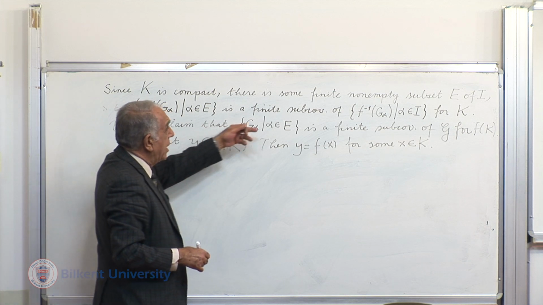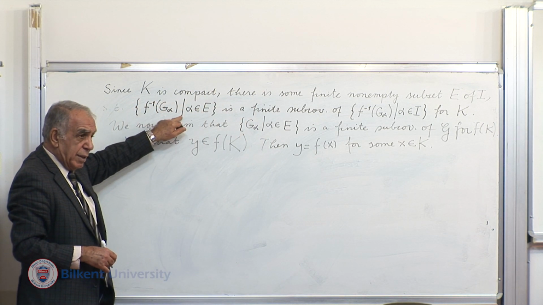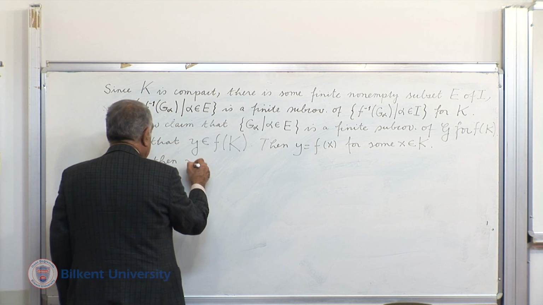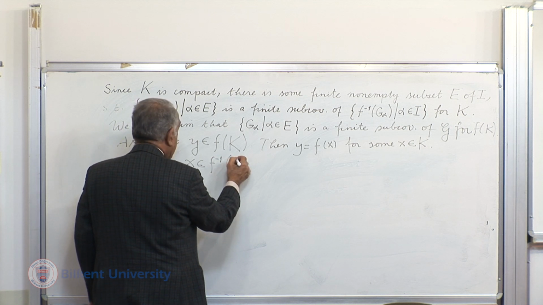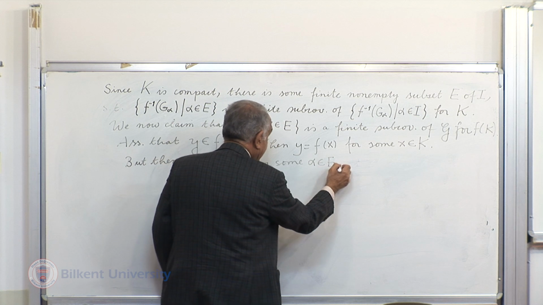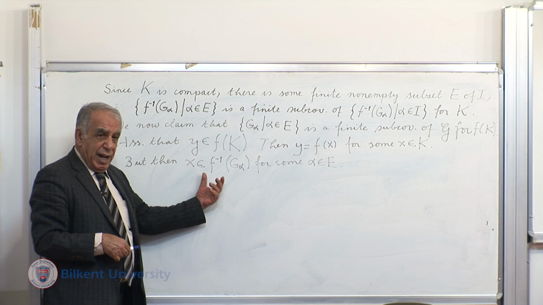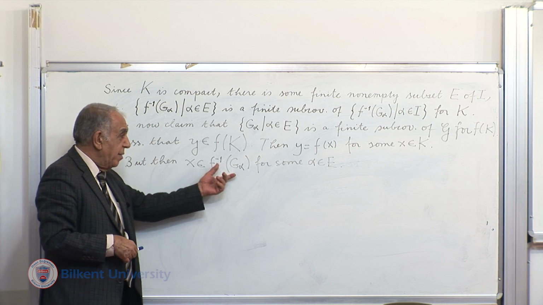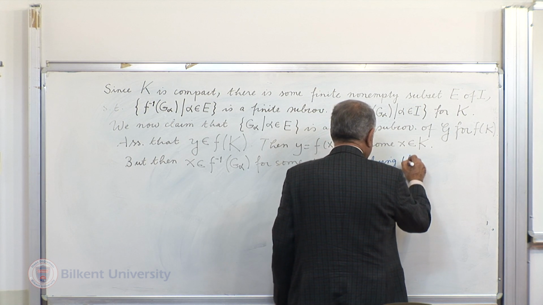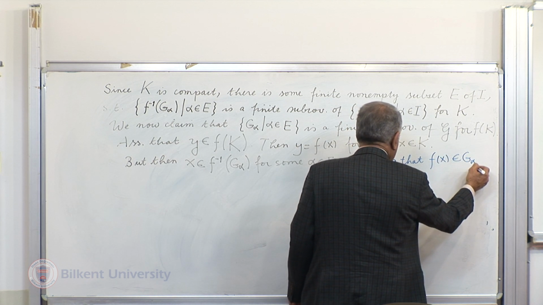Since this collection is a finite subcovering for K, that x must belong to f inverse G alpha for some alpha in E. But if that's the case, then f of x is in G alpha. x being in f inverse G alpha by definition means that f of x is in G alpha.